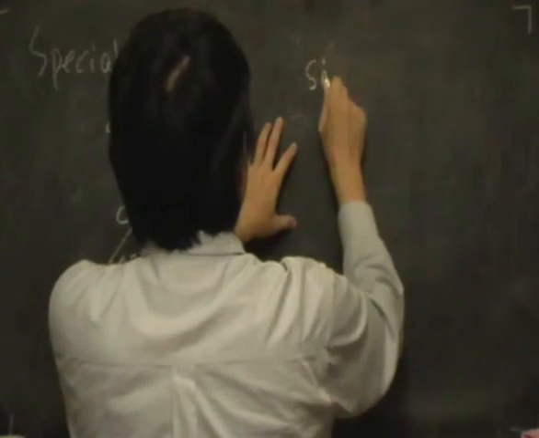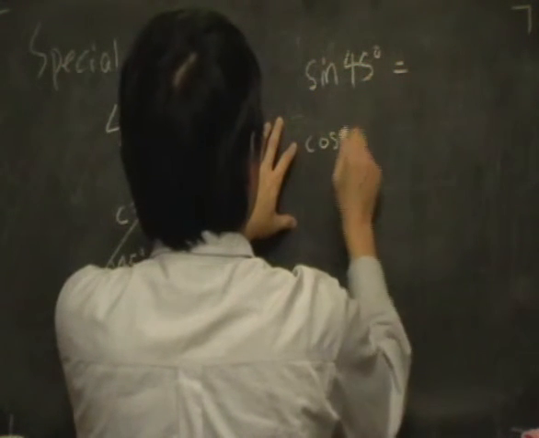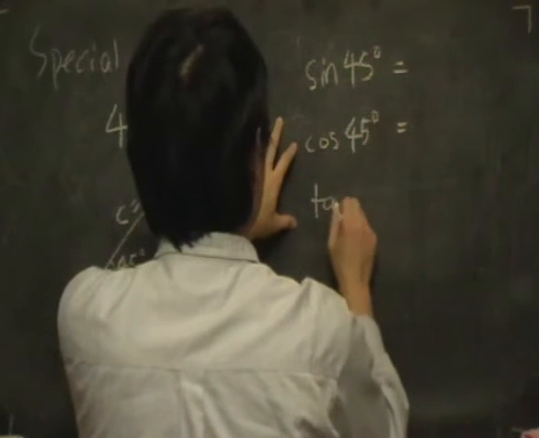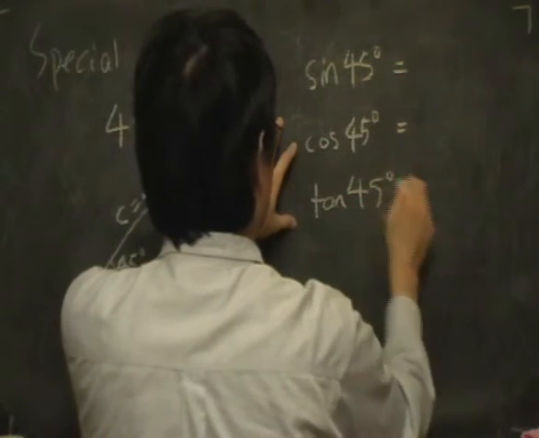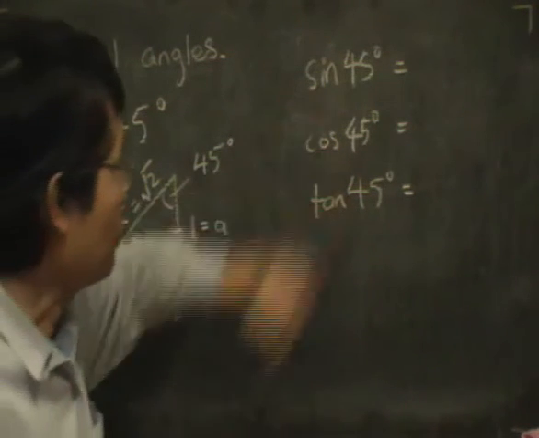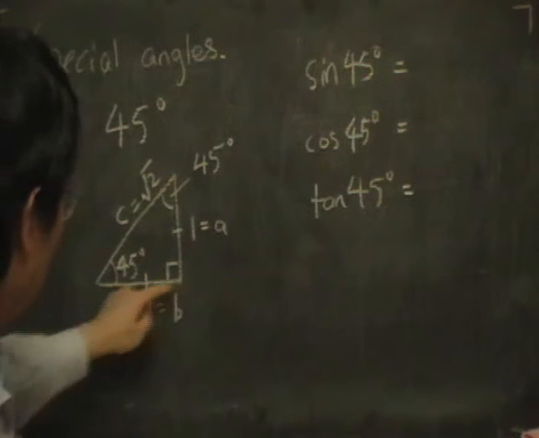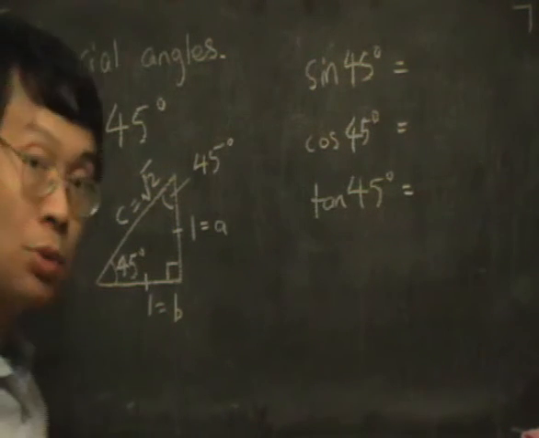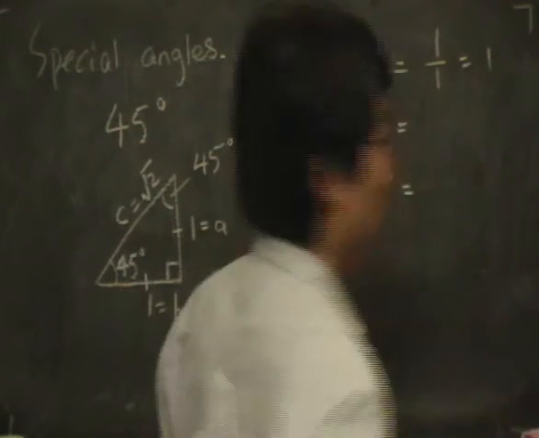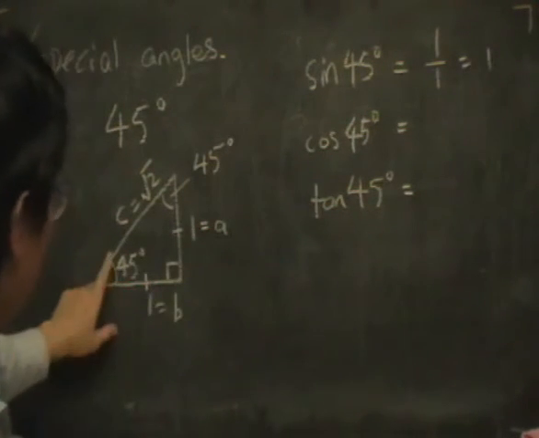I want to find the sine of 45 degrees, cosine of 45 degrees, and the tangent of 45 degrees. Sine of 45 degrees, sine of that angle is equal to the opposite 1 divided by adjacent also 1. 1 over 1, which is 1. Cosine 45 degrees, 45 degrees is here.